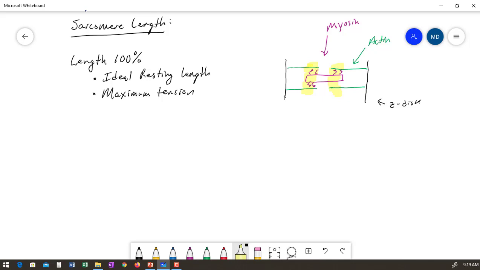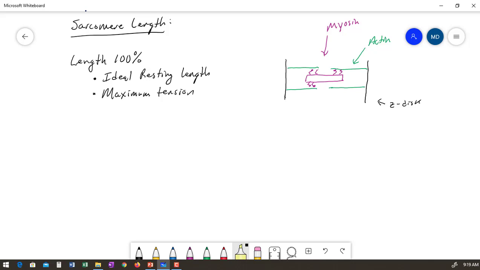There's basically a point here where we have the maximum overlap, or the best overlap, between myosin and actin, and we call that length the 100% length, or ideal resting length. Typically, this is at a medium movement of any muscle.